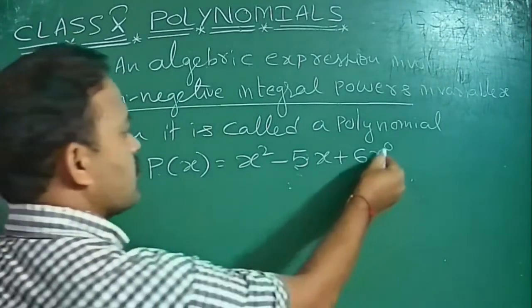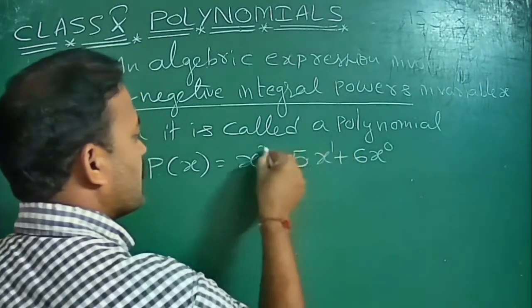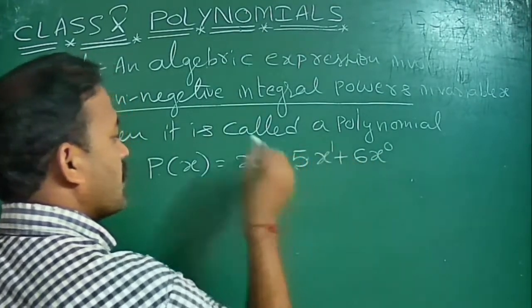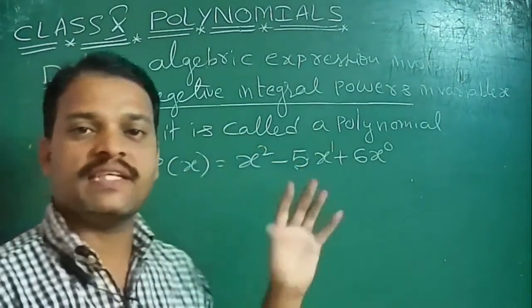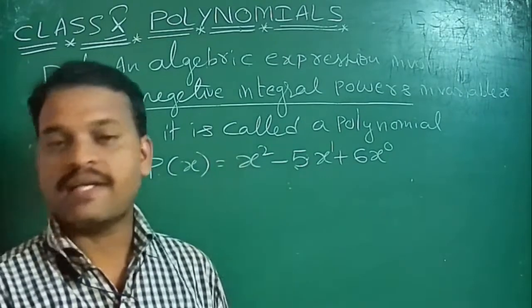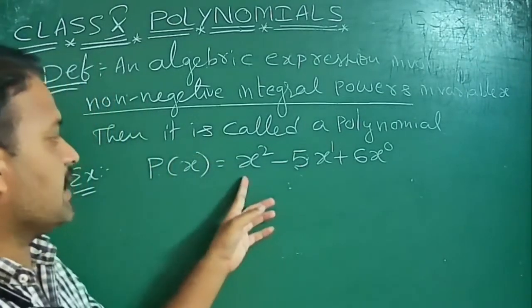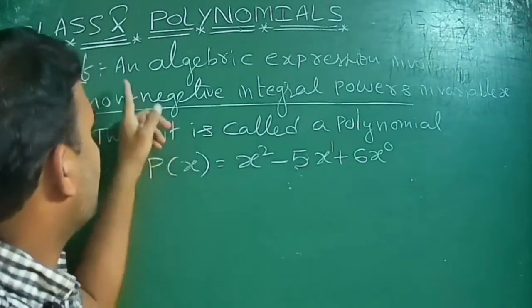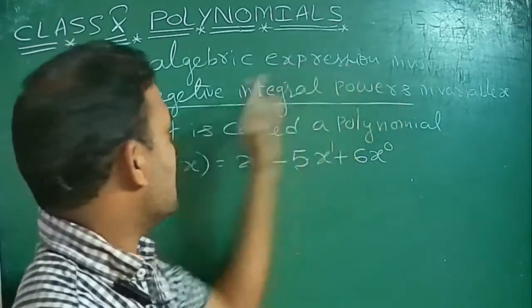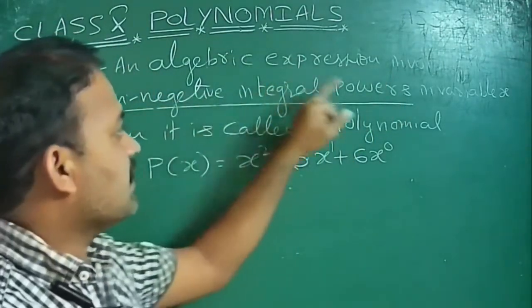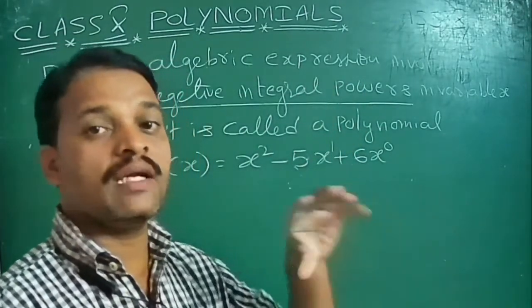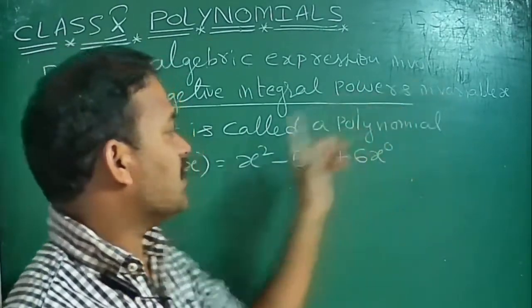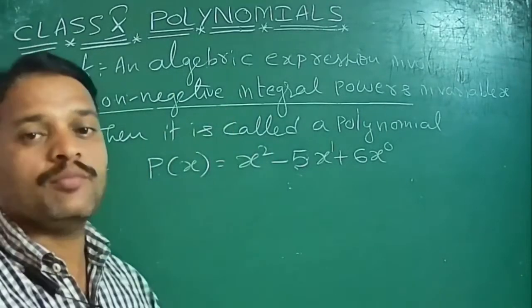So x power of 0, x power of 1, x power of 2: these are all non-negative integers, and these are whole numbers only. So an algebraic expression involving non-negative integral powers, or whole numbers, in the variable x is called a polynomial.